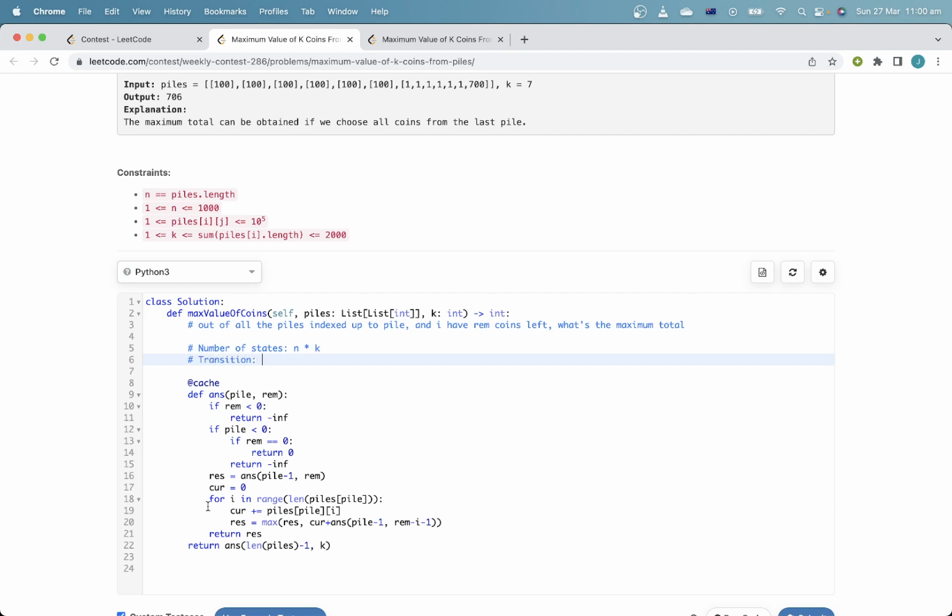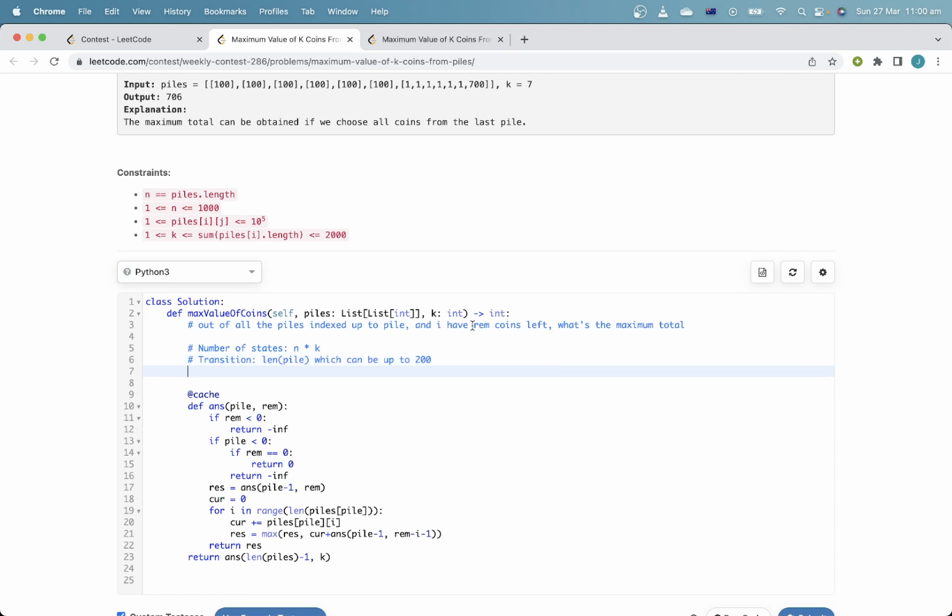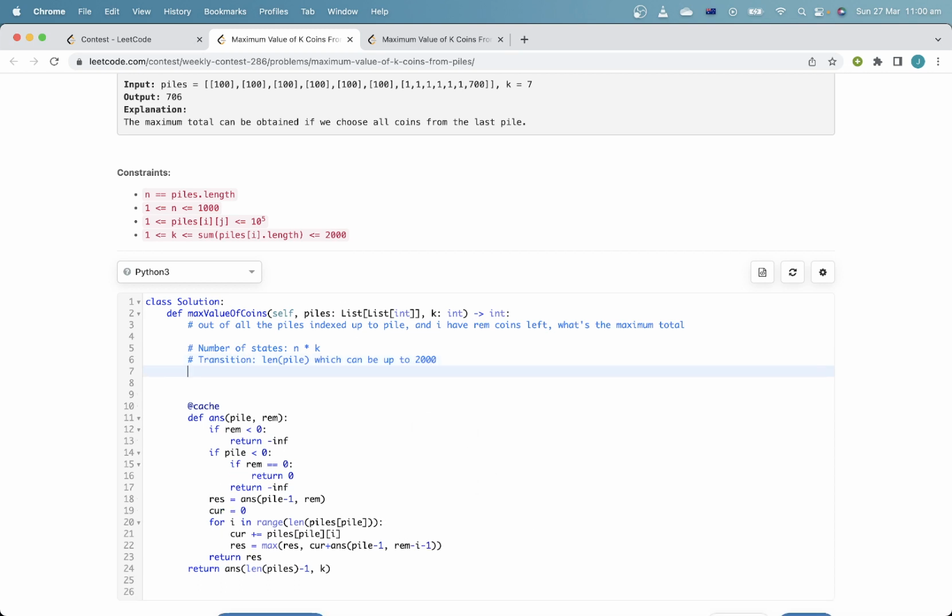Well, because we have this loop, the transition is just the length of the current pile, which can be up to 2000. So in my head, I was thinking, therefore the total complexity is n by k by 2000, which is 1000 by 2000 by 2000, that's too big. So that's why I didn't think it was going to work.